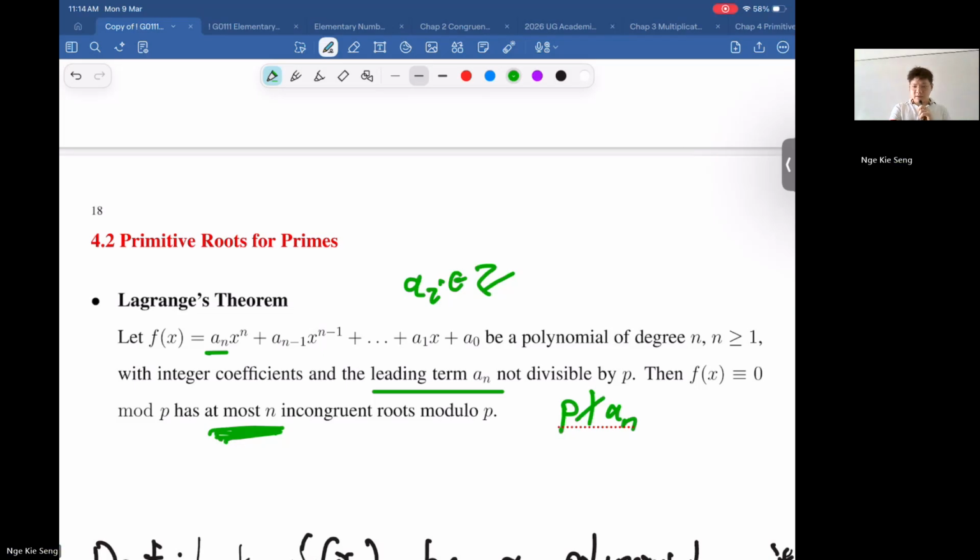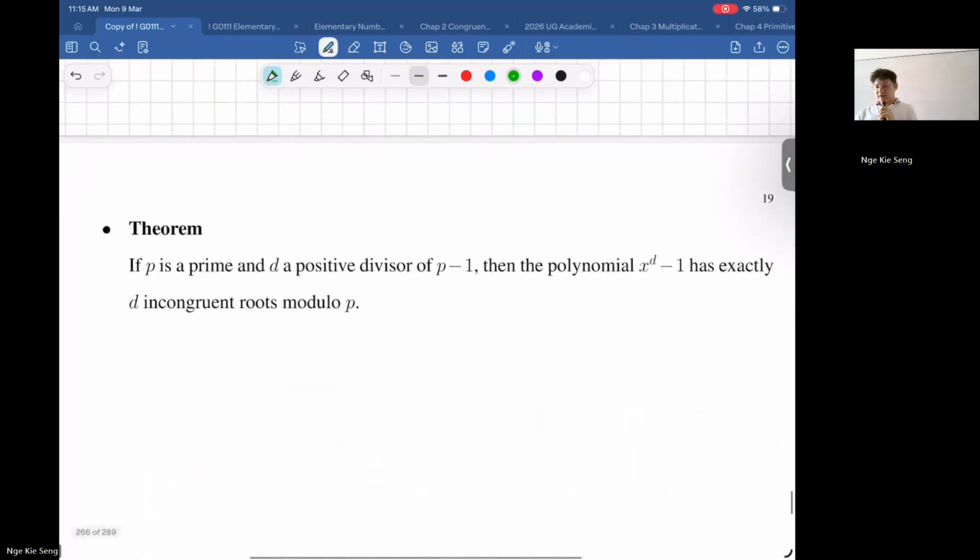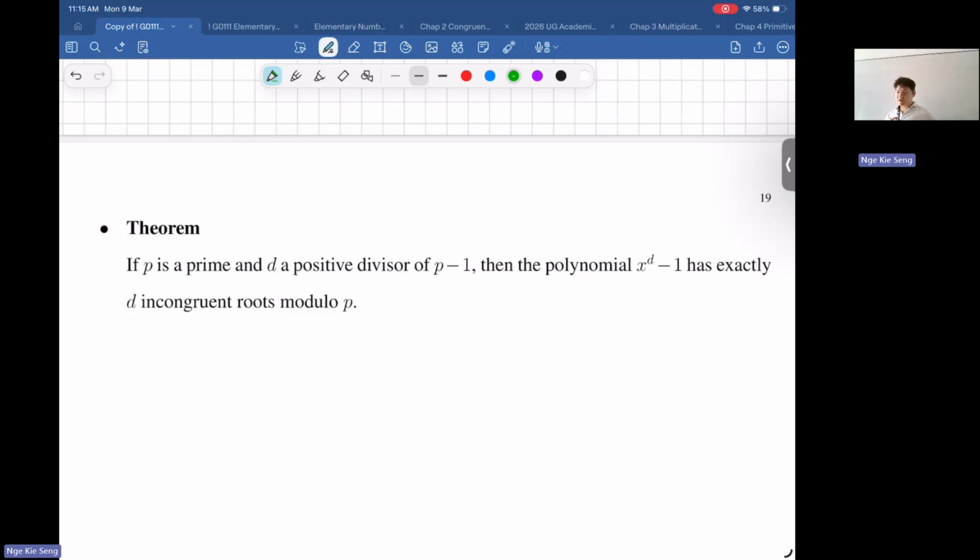So far, so good. Next theorem. If p is a prime, we restrict our attention to this particular polynomial, x to the d minus 1. What's this d here? d has to be a positive divisor of p minus 1. If p is a prime, p minus 1 would be even, for large primes, because the only even prime is 2.